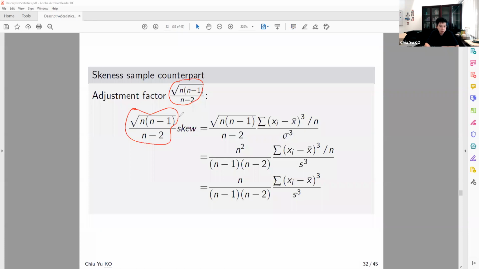Since this is an adjustment factor, sometimes you can calculate it in this way. You may ask why I need to show you all this formula. It is because software such as Excel or R or whatever package sometimes gives you the population version, sometimes the sample version, and the sample version sometimes varies a lot.